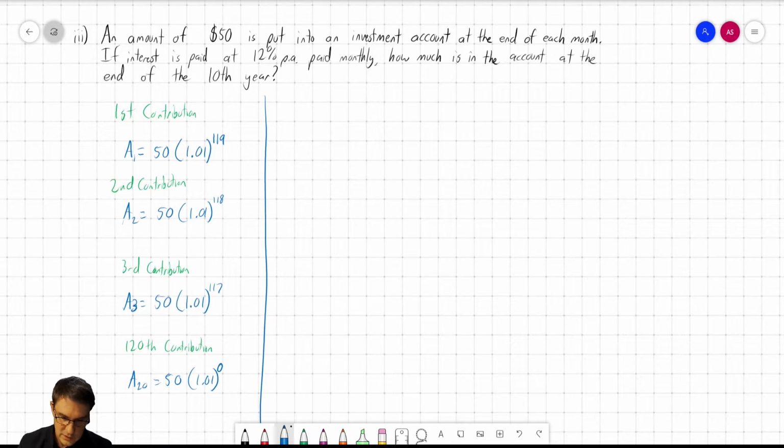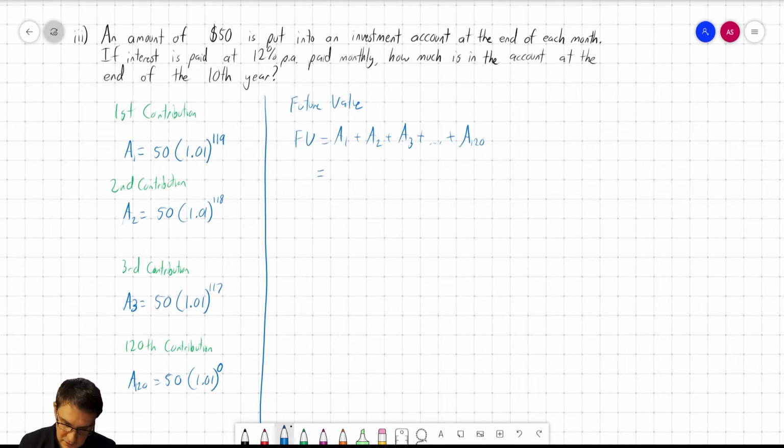Now, what we're going to do is start to calculate what our future value is, using this to help us establish the pattern and equations. So our future value is going to be equal to A1 plus A2 plus A3 plus all the way up to A120, which we need to include here.